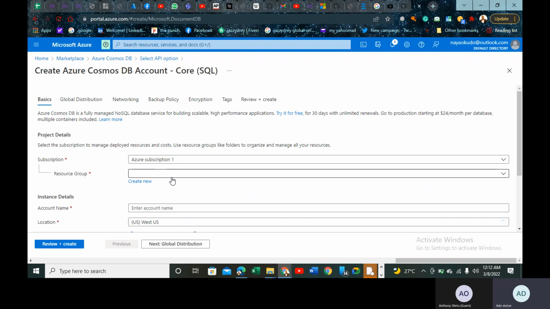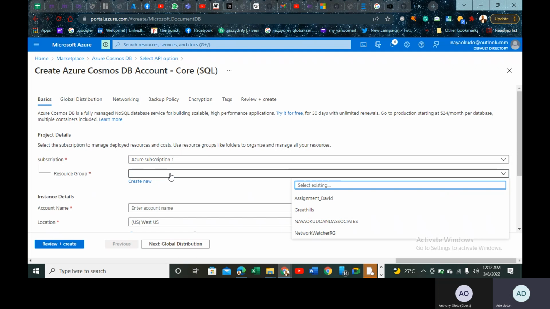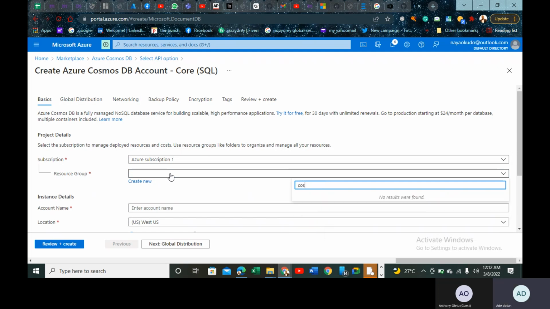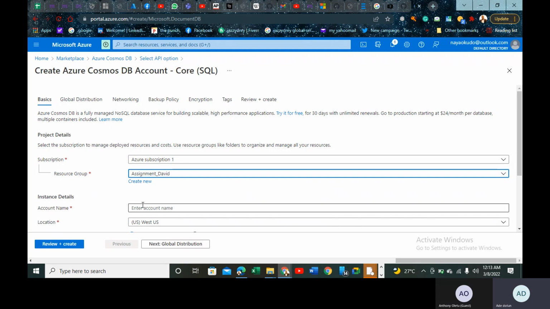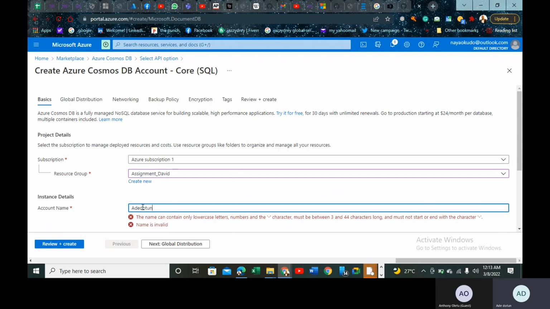So we are trying to create a CosmosDB. We can give it a name. There's a problem with that name. Which one?